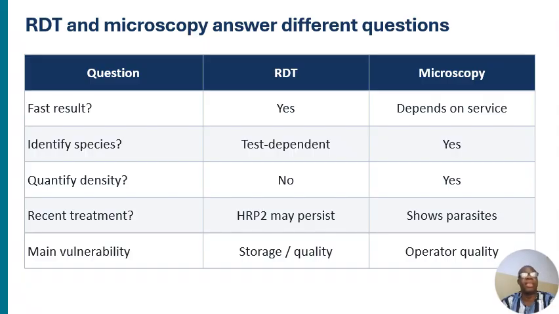Therefore, choose the test according to clinical questions, not according to your intuition and not according to what the book says. If you need rapid confirmation, an RDT may be appropriate. If you need species identification, density quantification, and follow-up parasitemia, the best option is microscopy. And this is usually the case when you are managing a case of severe malaria.